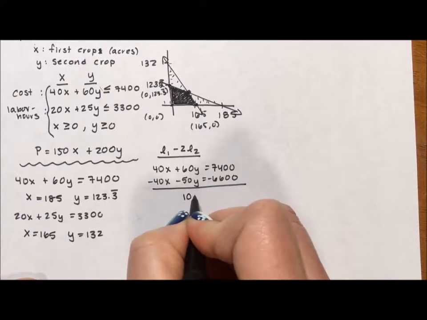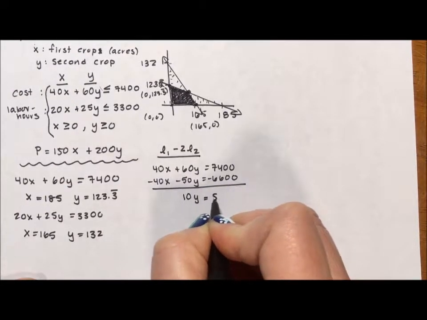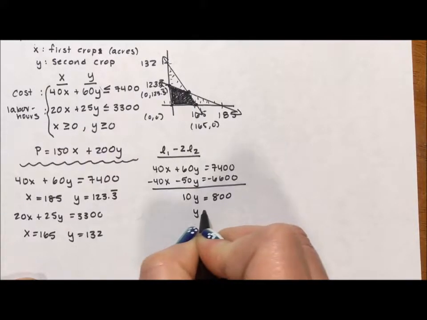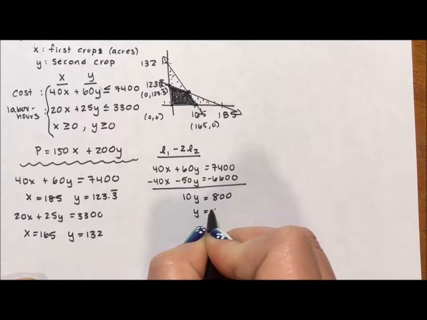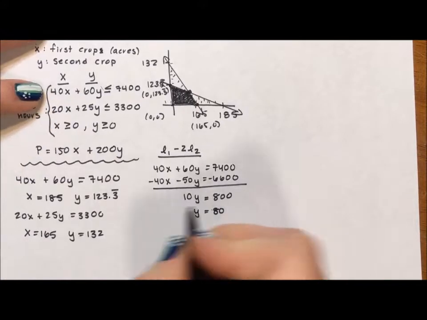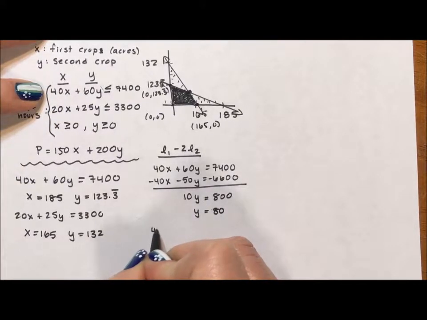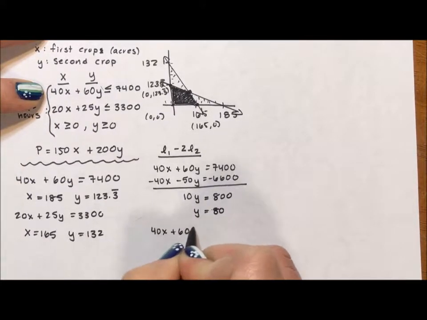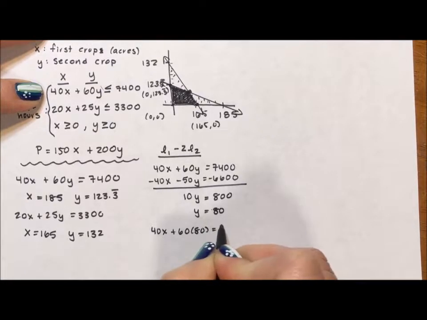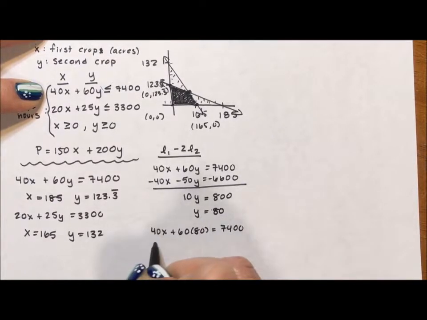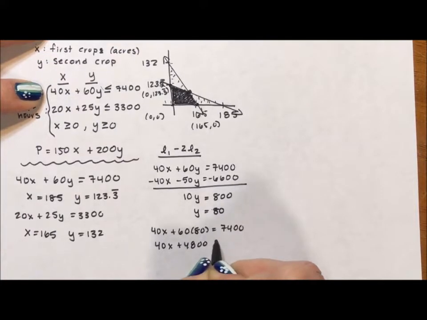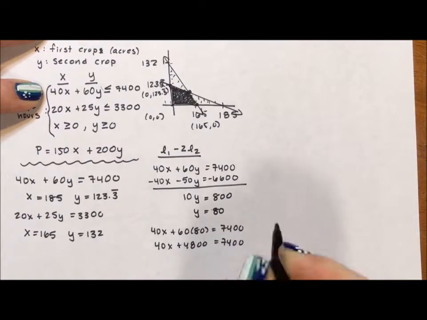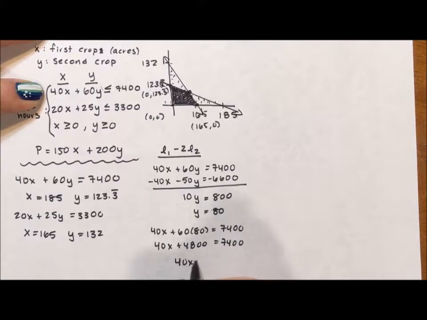All right, so 10y is equal to 800, which means y is equal to 80. I'm going to put that into my first equation. So I'm going to have 40x plus 60 times 80 is equal to 7,400. 40x plus 4,800 equals 7,400. 40x equals 2,600, or x is equal to 65.